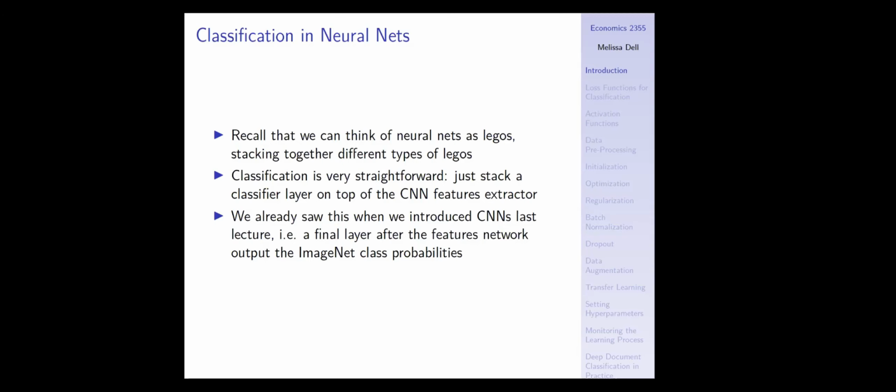So in the context of image classification, you just stack a classifier layer on top of the CNN feature extractor like ResNet or VGG that we saw last lecture. We already saw this when we looked at some of the CNN architectures last time, where the final layer after the features network output ImageNet class probabilities. And so remember in ImageNet there were around 1,000 classes, and the final layer took those down to 1,000 class probabilities.